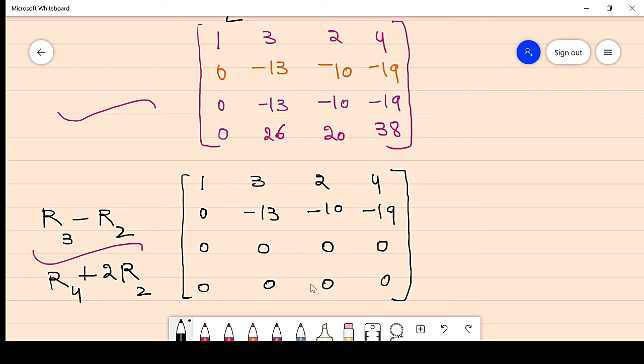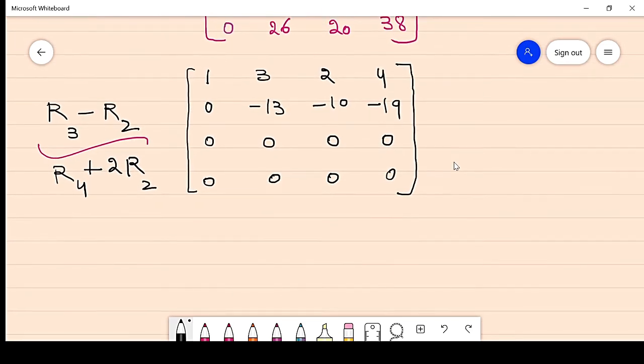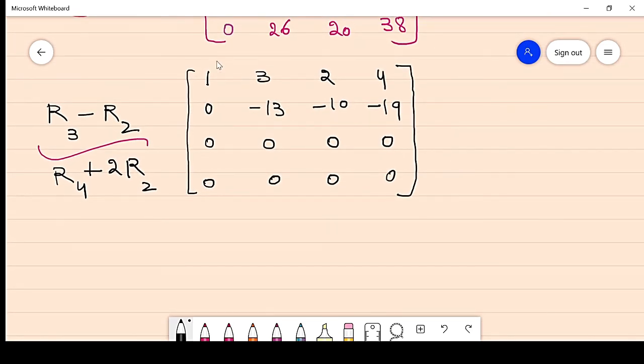To make it into row echelon form, here I need 1 and the entry below it 0. Here again I need 1.